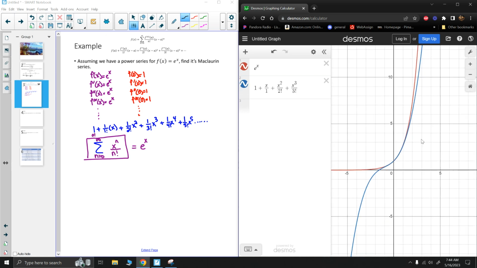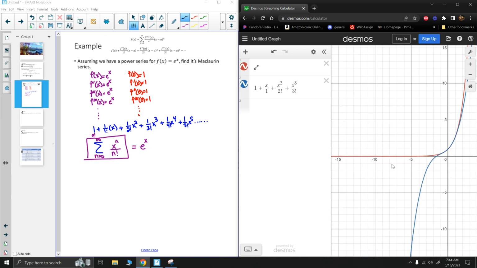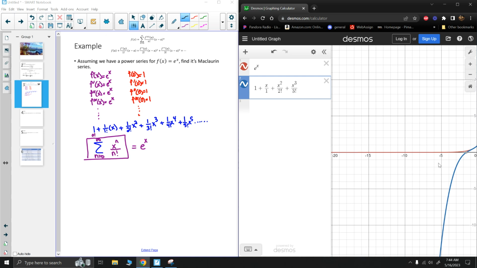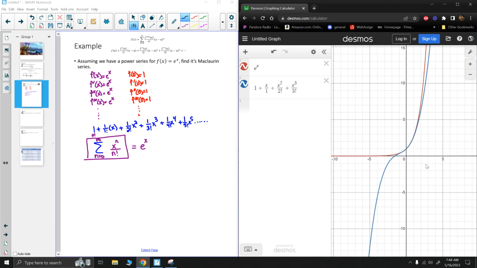If you notice, this is definitely looking like a similar shape. And the further out we go, the more this portion, which is either coming down or going up, will get towards the rest of it here.